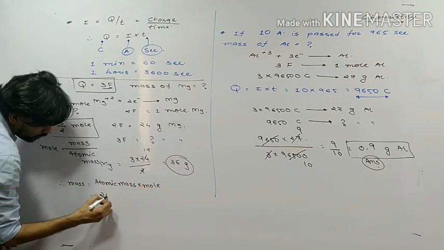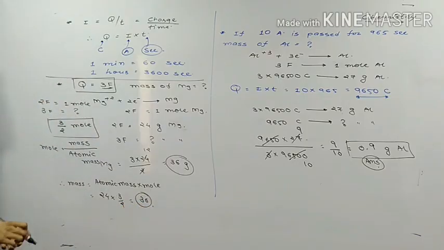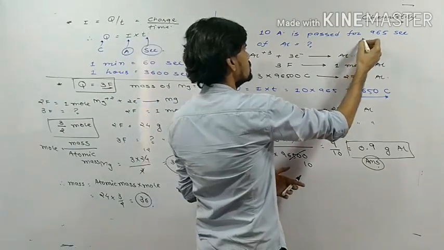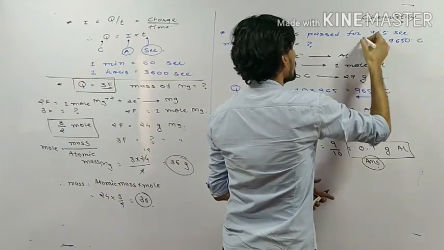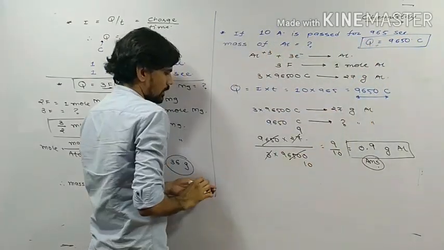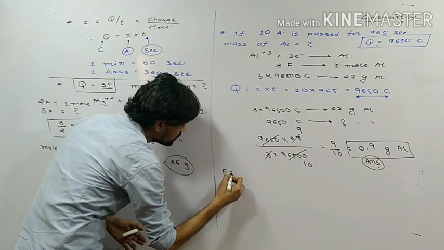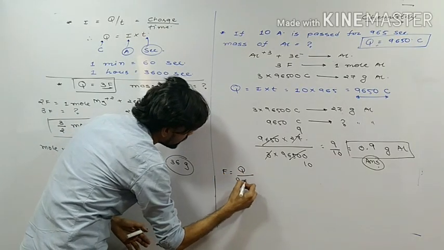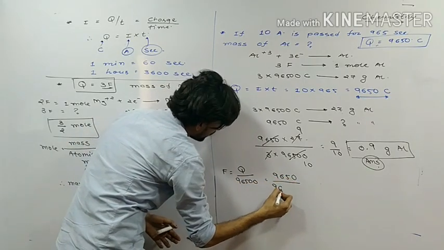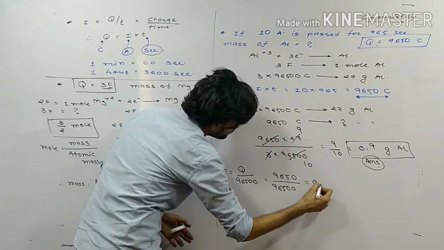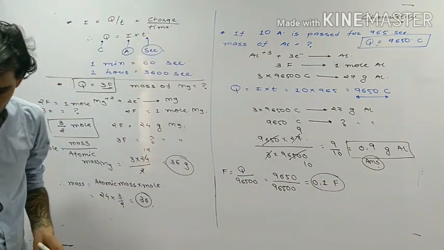Atomic mass 24, mole is equal to 3 by 2. Answer will be 36. Same here. Q is equal to 9650 coulomb. Faraday is equal to Q by 96500 coulomb. 9650 upon 96500 is equal to 0.1 Faraday. Okay, see.